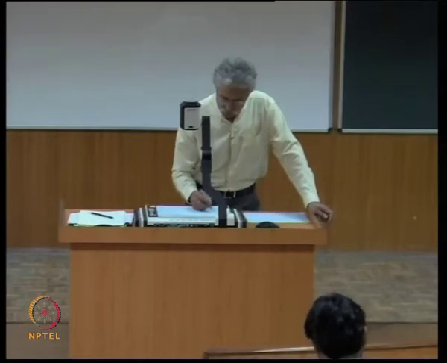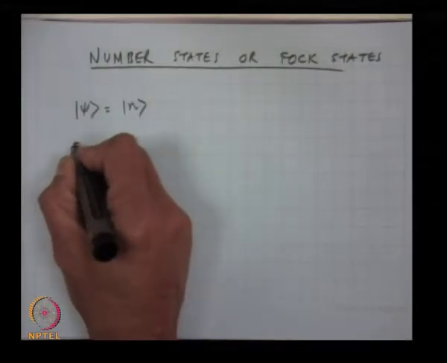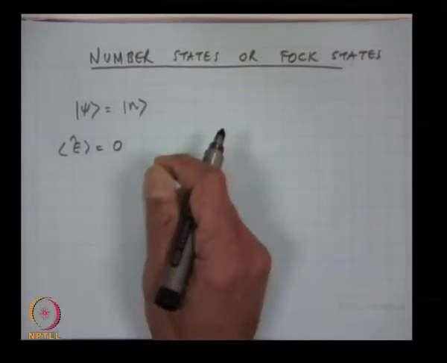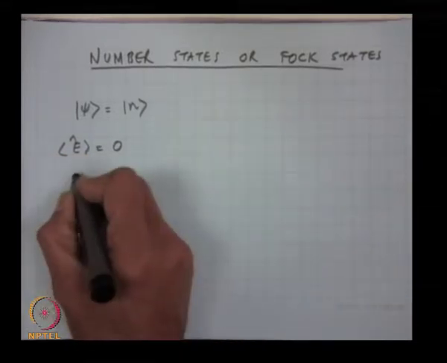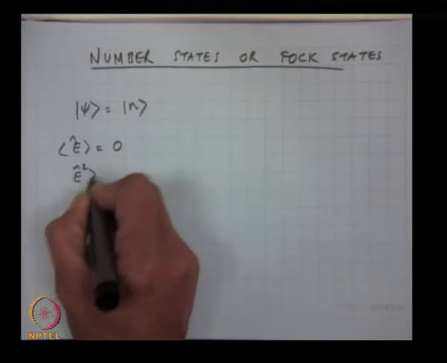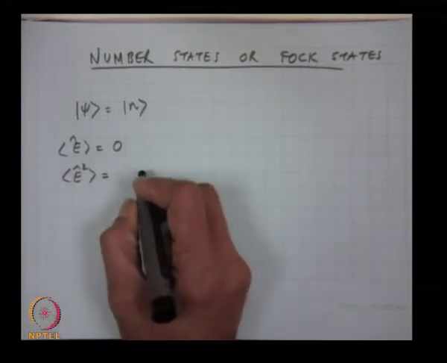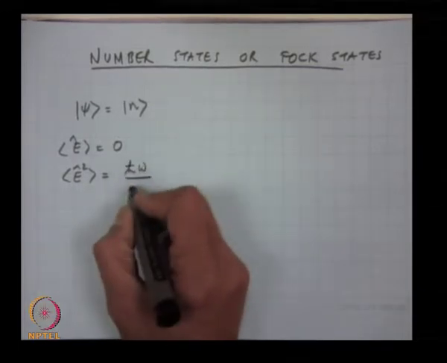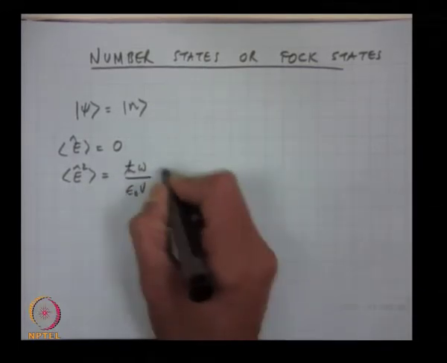Yesterday we calculated the expectation value of the electric field, which is 0 for the state, and towards the end we also calculated the expectation value of E square, and that is h cross omega by epsilon 0 v into (n plus half).